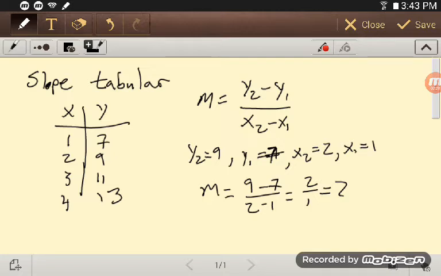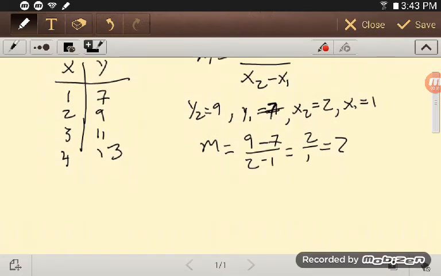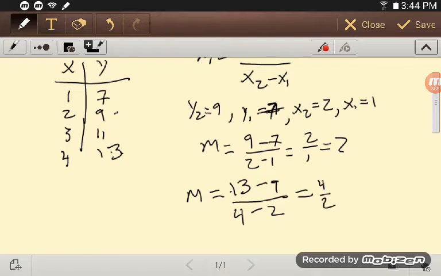So if I scroll down just a little bit and I say, well, what if we had tried the 4, 13 and the 2, 9? Well, then m is equal to 13 minus 9, because there's my y2, y1, over x2, x1, so that would be the 4 corresponds with the 13, and 2 corresponds with the 9, and in this case we get 4 over 2.